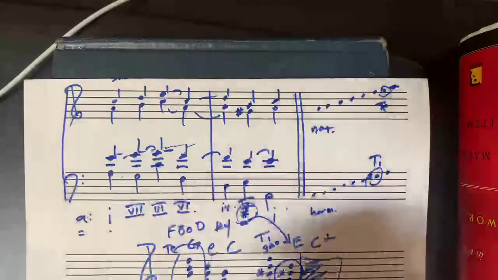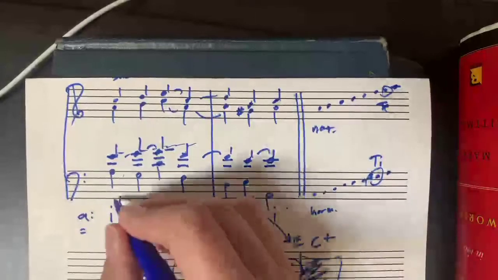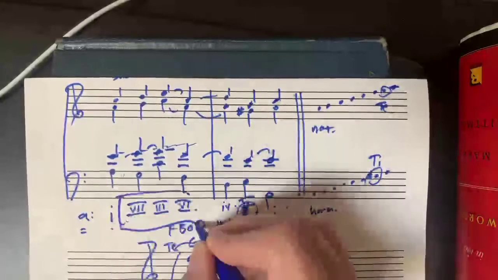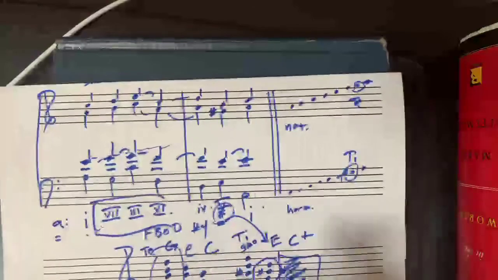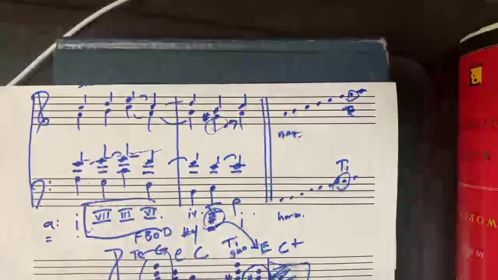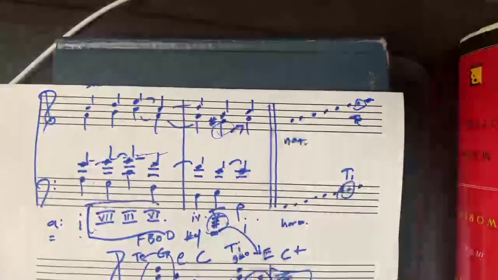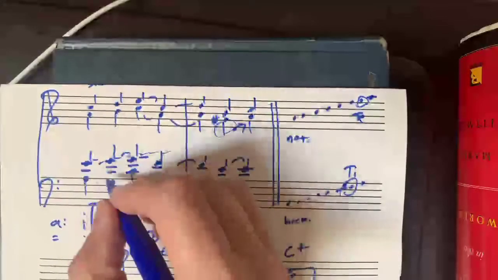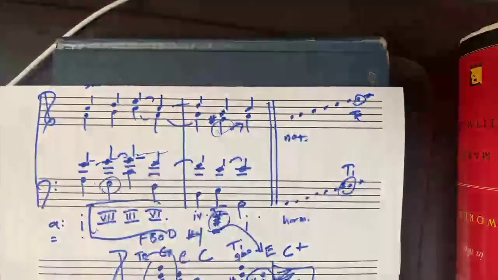Briefly, I just want to talk about what happens here. Okay. So over here we get the G sharp, which makes this sound like A minor because it's a leading tone to A minor. Over here we use G natural. Okay.